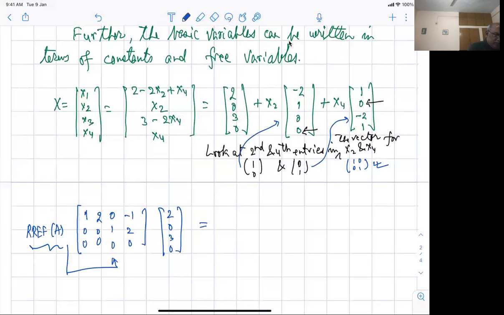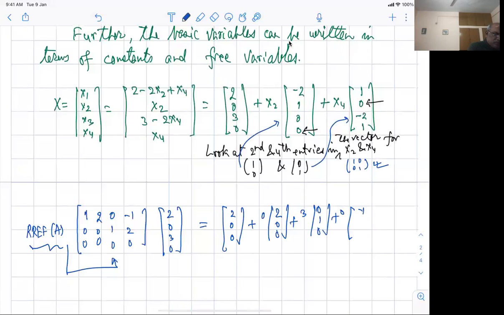What we are saying here is to multiply 2 to the first column, 0 to the second, and 3 to the third. So 2 times the first column is 2 0 0, plus 0 times the second, plus 3 times 0 1 0, plus 0 times the fourth, which is -2 0.